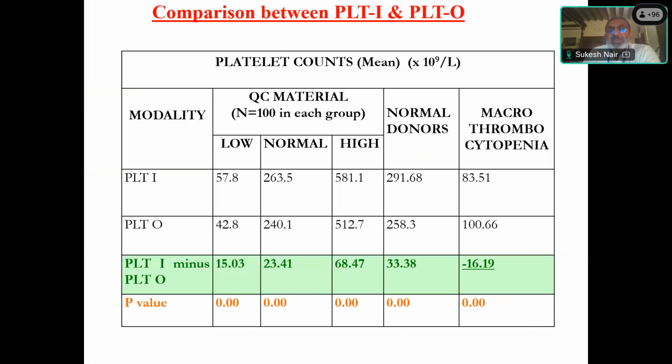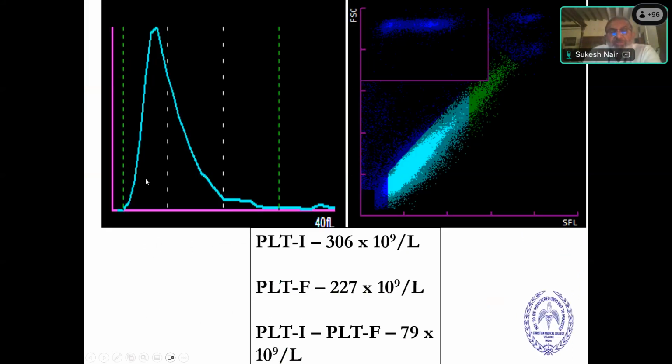But when the platelet distribution was normal, we found that impedance was higher than the fluorescent platelet count. That means fluorescent platelet count was either missing or impedance was overestimating. But then we found out that fluorescent platelet count is missing out on small events because of background noise. So that means smaller platelets will be missed by the fluorescent platelet count.